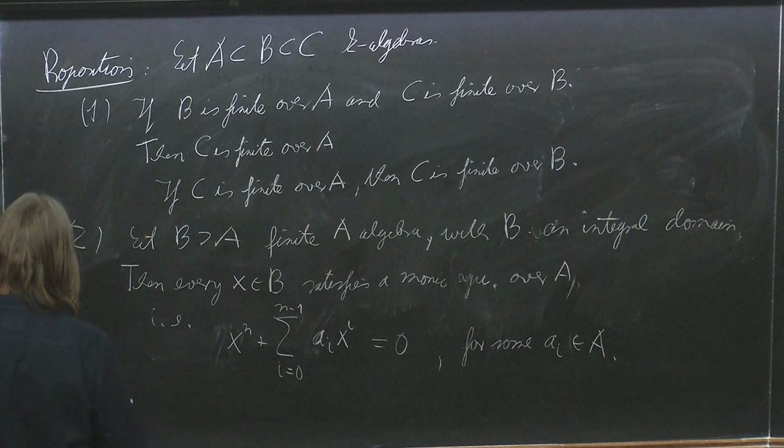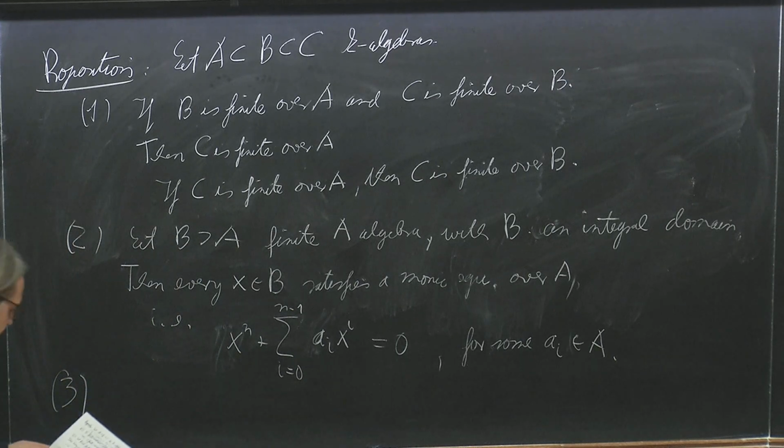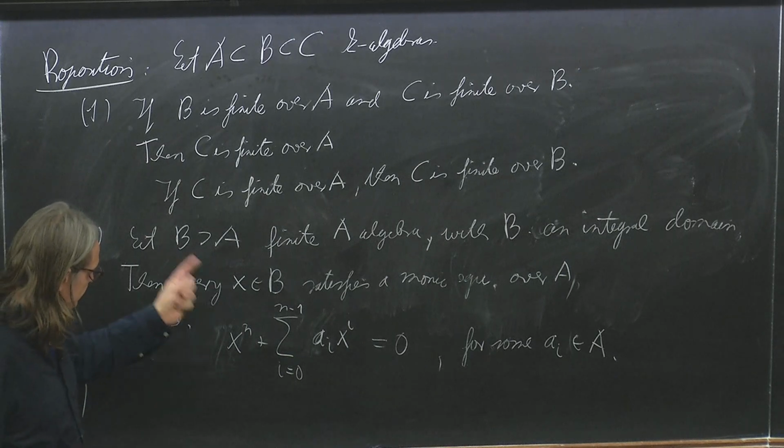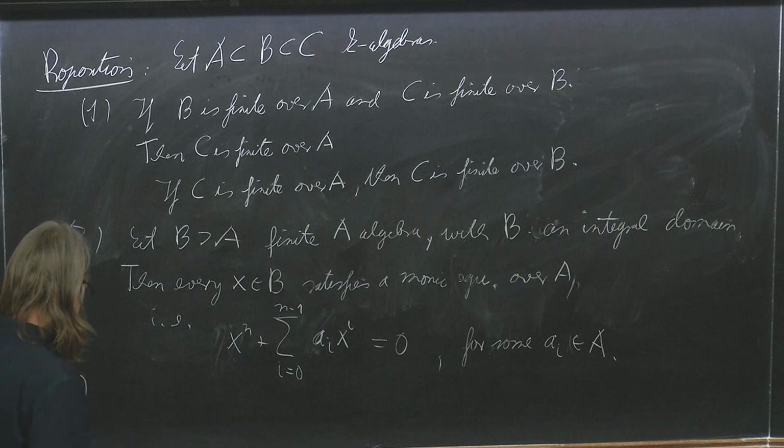And this also has a partial converse, namely if x satisfies such a monic equation, then the ring obtained by adding x to the smaller ring is finite over the smaller ring.